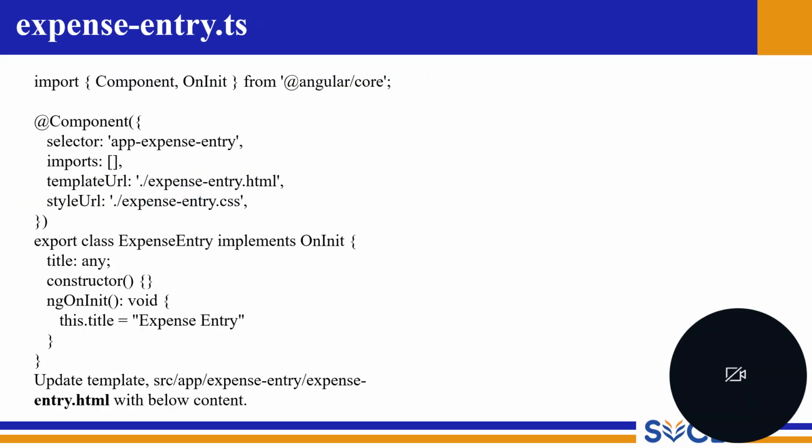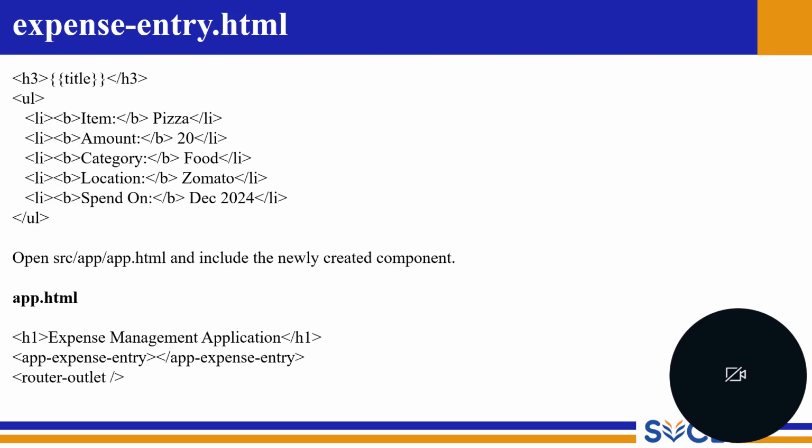So this is an example for entry.ts. In that entry.html, you have to give item, amount, category, location, as well as spent on date.